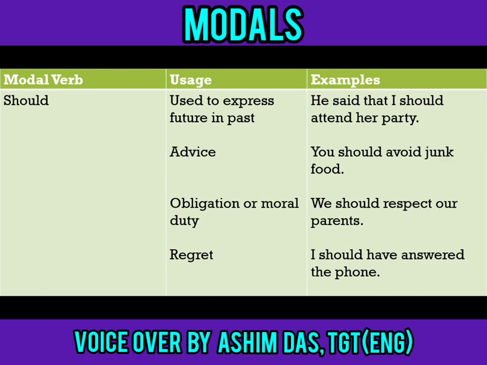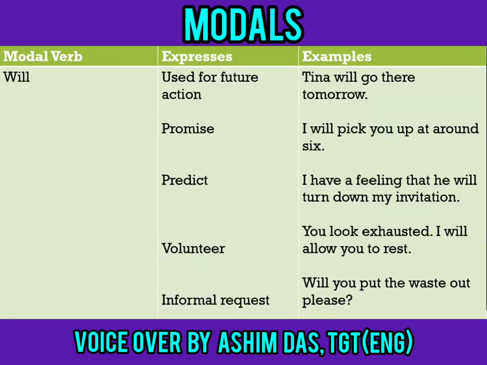Okay, now we shall go to the next word, and that is will. Will is used to denote future action. Example, Tina will go there tomorrow. The next usage is to make a promise. Example, I will pick you up at around 6. The third usage is to predict something. Example, I have a feeling that he will turn down my invitation.